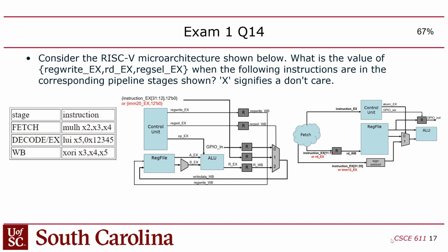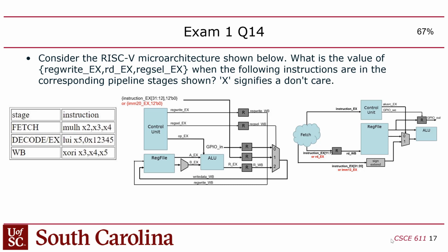Going from left to right, most significant to least significant. Then rd-ex, that's the destination register. Sorry, I had to think about that.